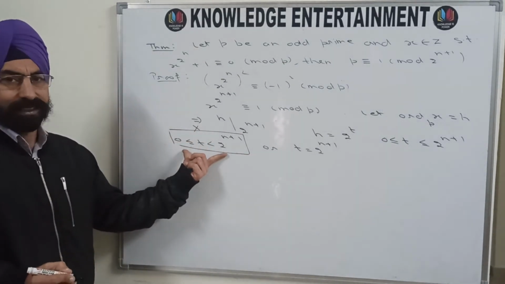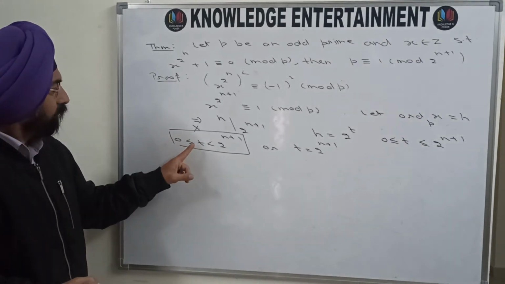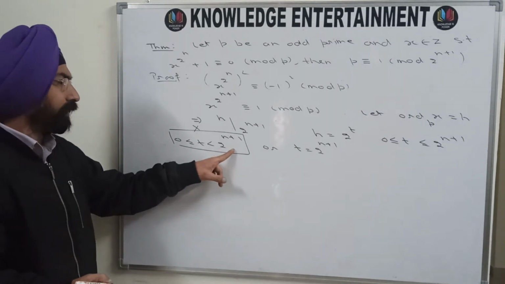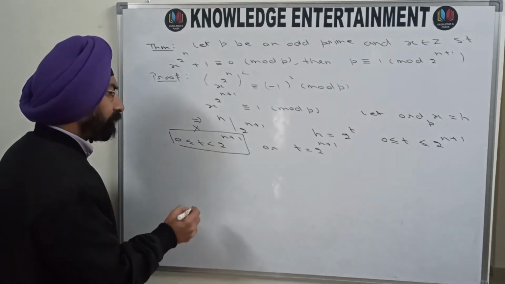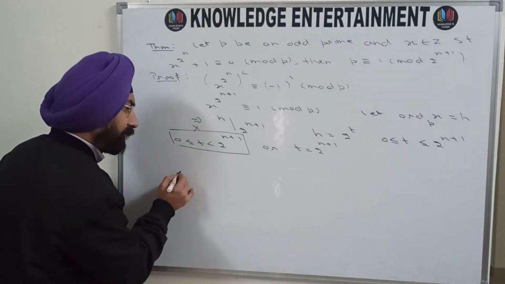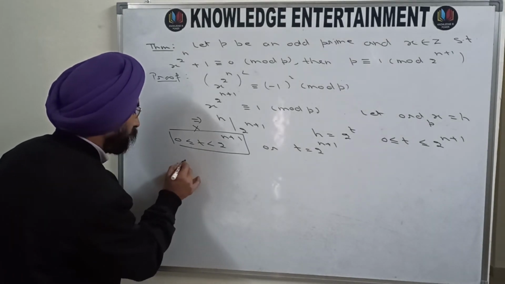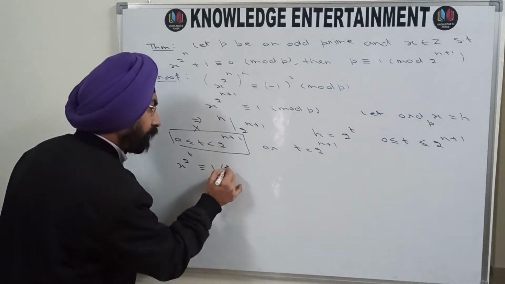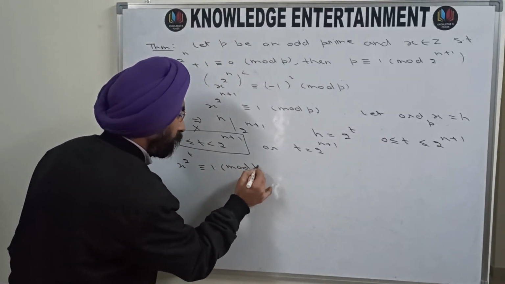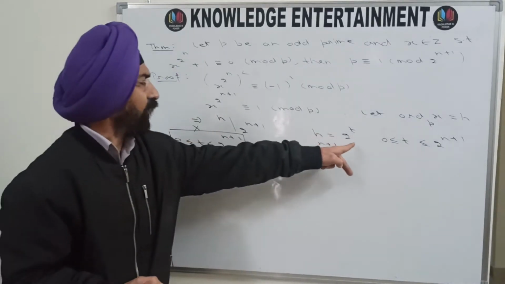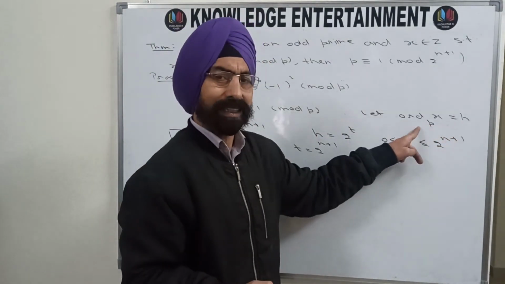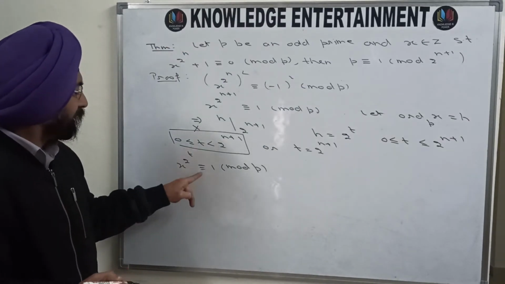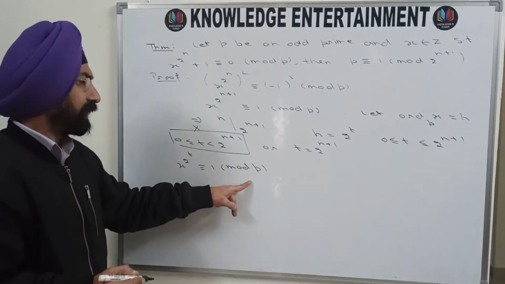Because if 0 is less than or equal to t, strictly less than n plus 1, then x raised to the power 2^t is congruent to 1 modulo P, because 2^t is h, the order of x modulo P. So x raised to the power h is congruent to 1 modulo P. This is clear.